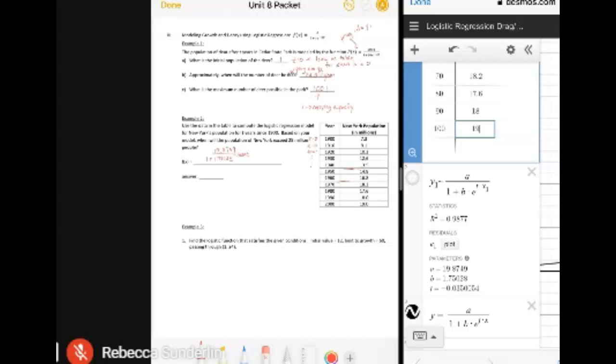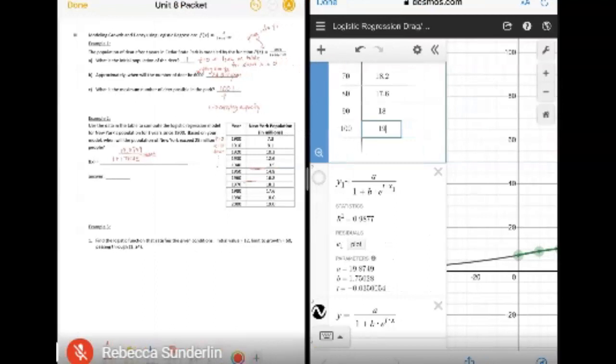If you click vars, go over to Y-vars and hit function, it'll bring you to this list of y's. You press enter, and now it will store the equation for you in your y equals, so you don't have to retype it all in. It's just a shortcut. You don't have to use it, but that's how you can store it so that you can later work with the equation.